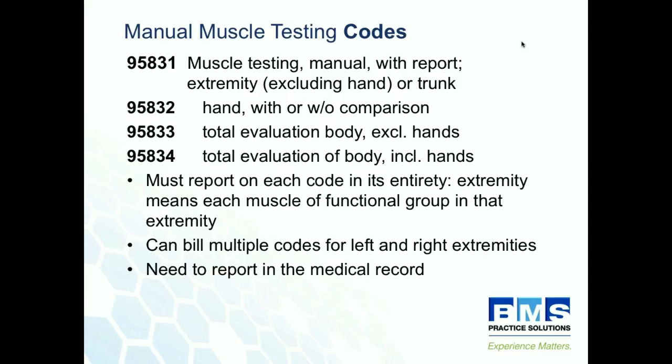Now, what you need to remember is that when you use the manual muscle testing or range of motion test and measurement codes, you must include the major components of movement at each joint in whatever you're referring to.